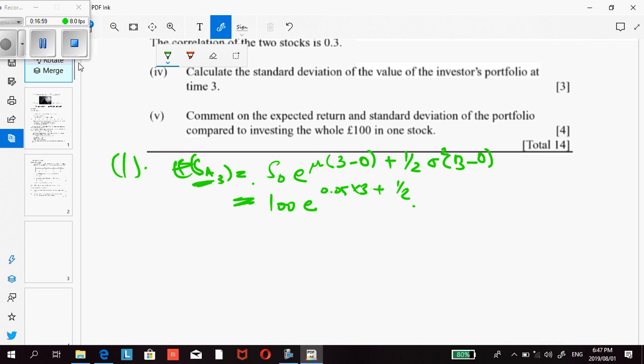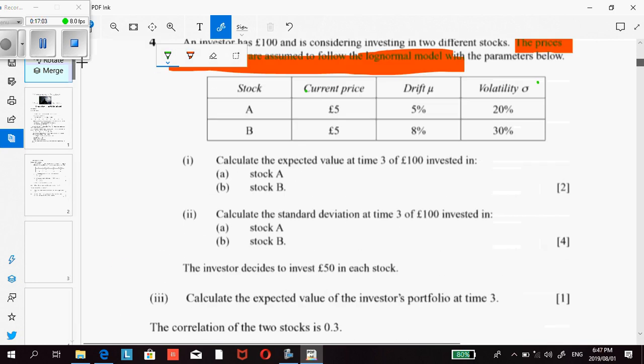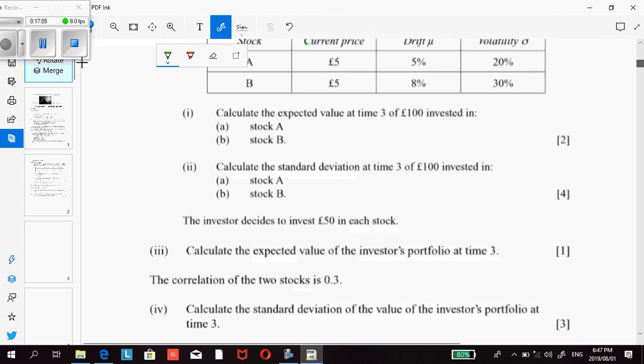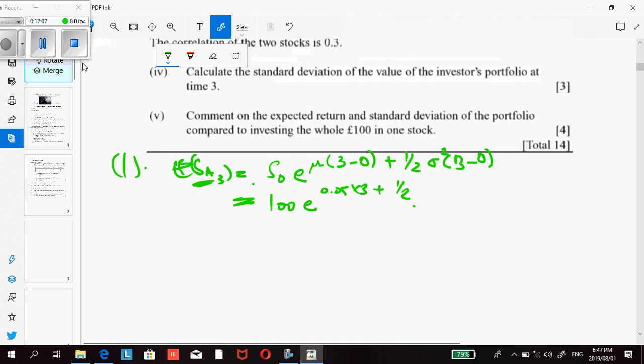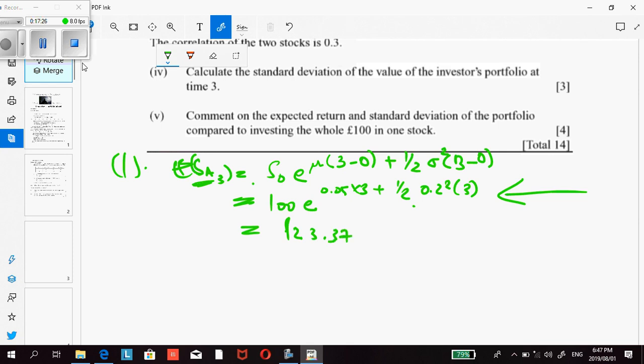Your sigma for stock A is given here to be 0.2, but I have to square that, so 0.2 squared multiplied by 3. From here, there's no problem. You straight away punch this in your calculator and you're going to get the value of 123.37. Now that's your part A.